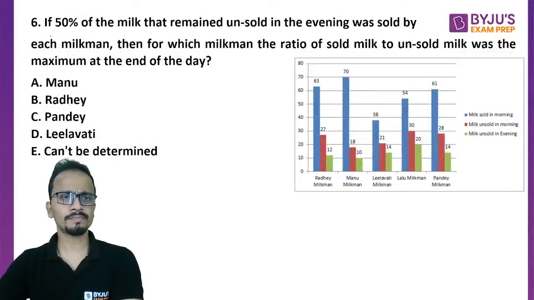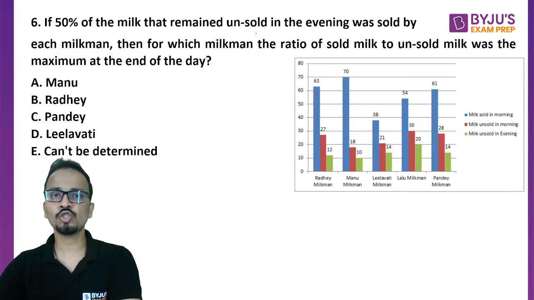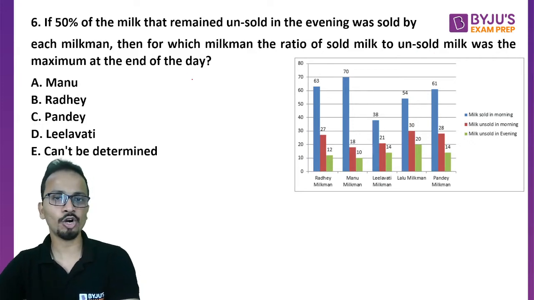Okay, so question is, if 50% of the milk that remained unsold in the evening was sold by each milkman, okay, अब जो भी unsold था उसका half 50% हर एक ने sell कर दिया, then for which milkman the ratio of sold milk to the unsold milk was maximum at the end of the day.